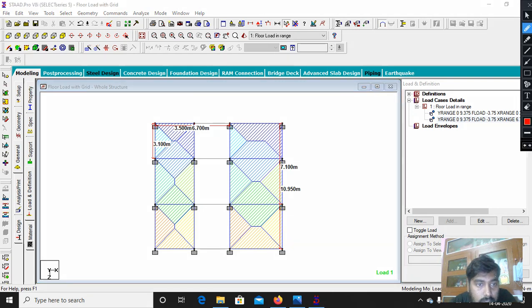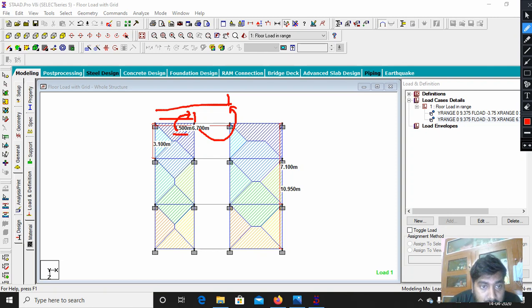As I am showing, this is the starting x range and this is the ending x range. So 3.5 will be the value here and 6.7 will be the value here.